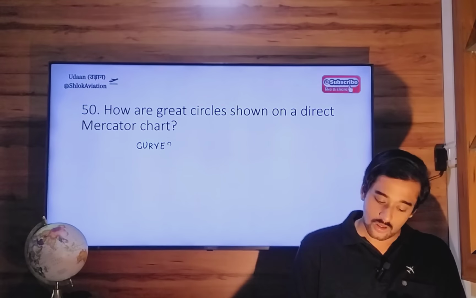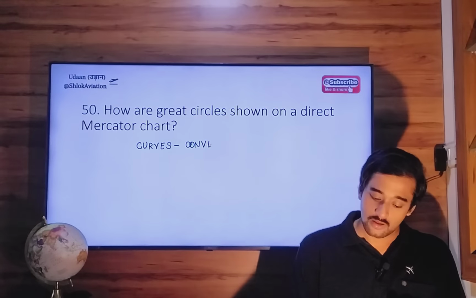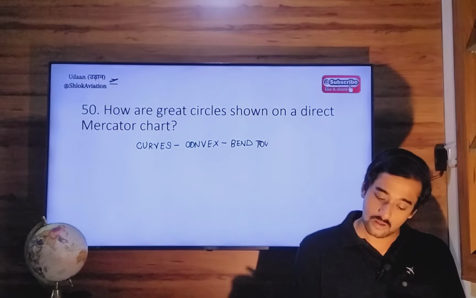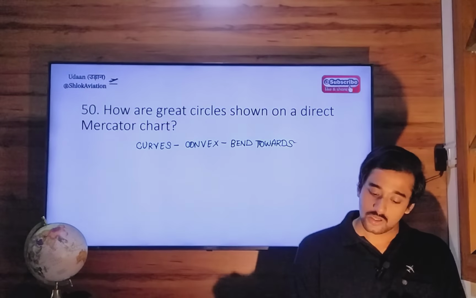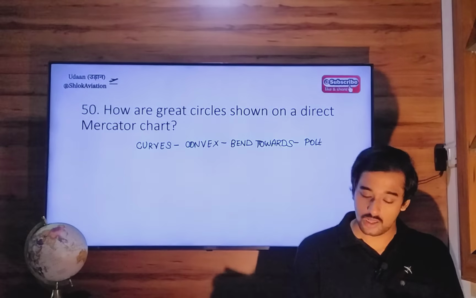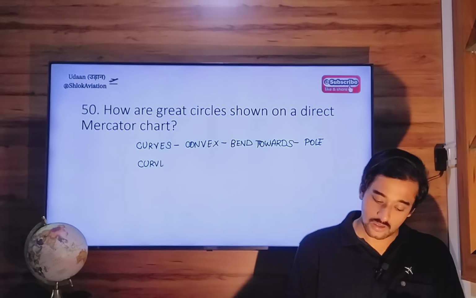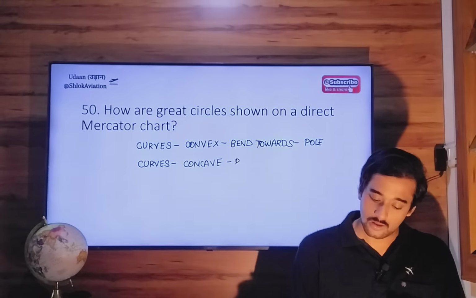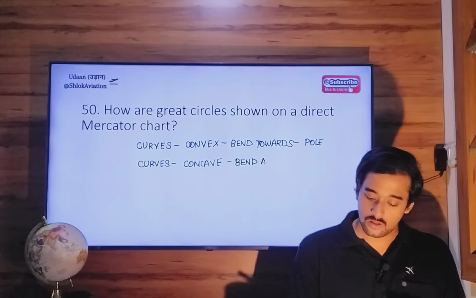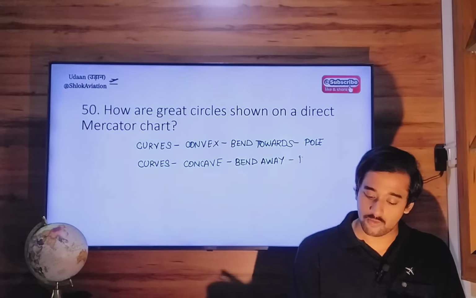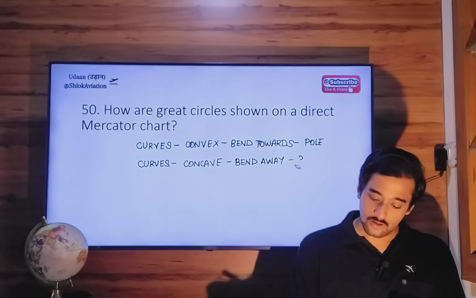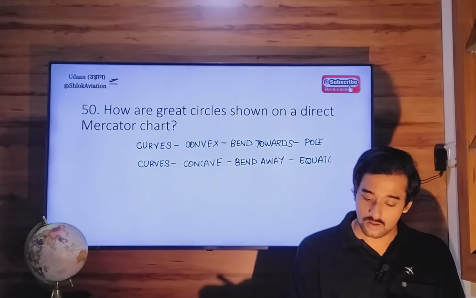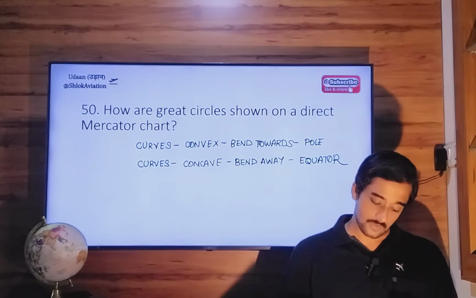Curves convex, which means bending towards the nearest pole, or curves concave, bending away from the equator. Okay, that's it.